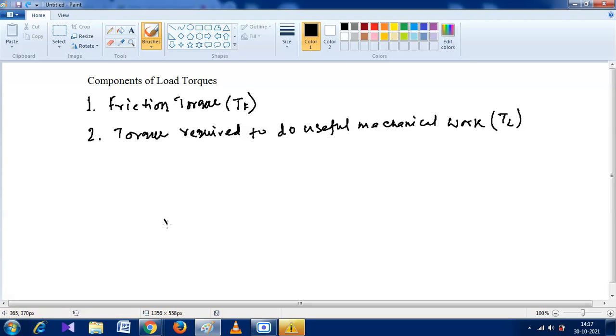First we draw the friction torque. This is basically torque and omega, the speed.